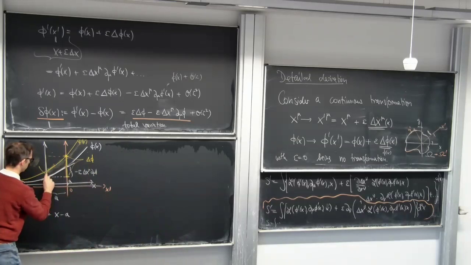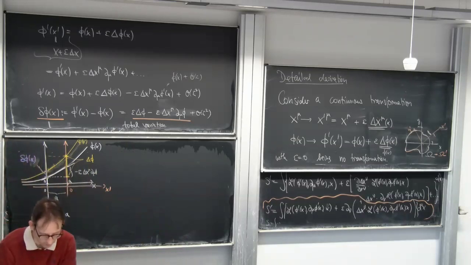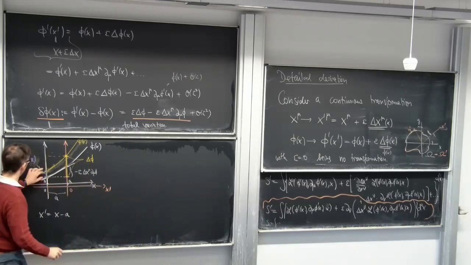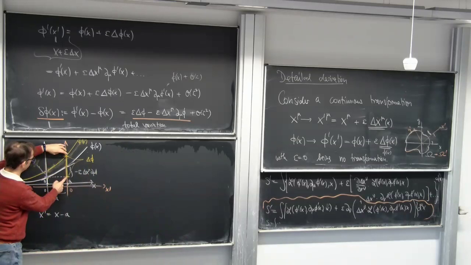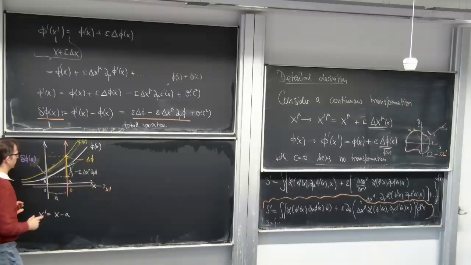So this is delta phi of x. Although it's smaller in the picture, it is the sum of the change of the field phi, so the delta phi, and the change because I shifted it. These two together, with the right minus sign, give a total shift.